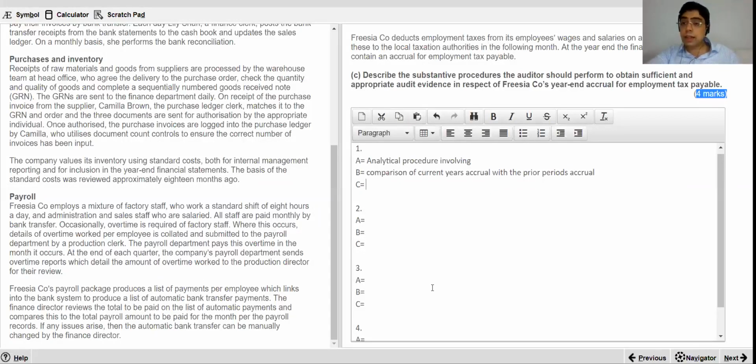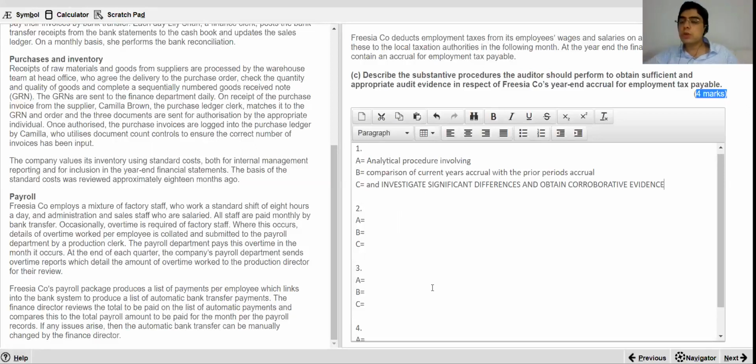And what is the end point? Always remember, whenever you are recommending an analytical procedure, it involves comparison of this year number with the prior period, this year number with the budget, this year's number with the last month, this year number with the industry, for example. But the end point, please take that into account: investigate significant differences and obtain corroborative evidence.